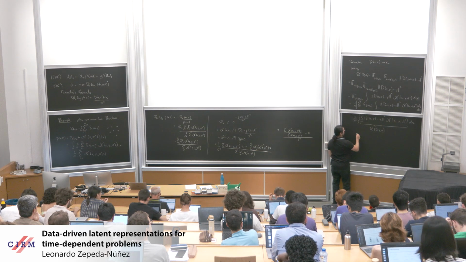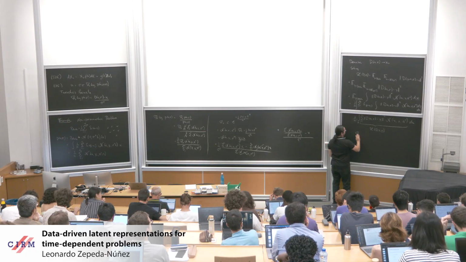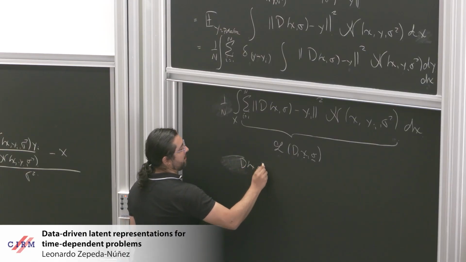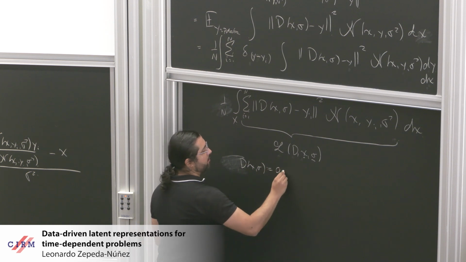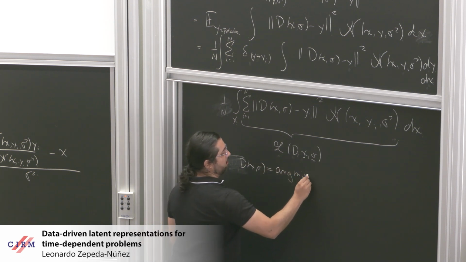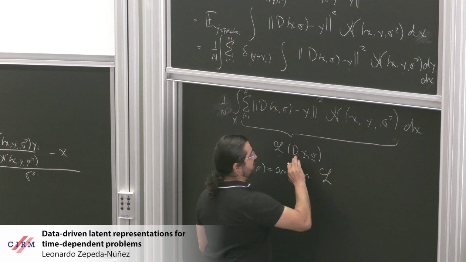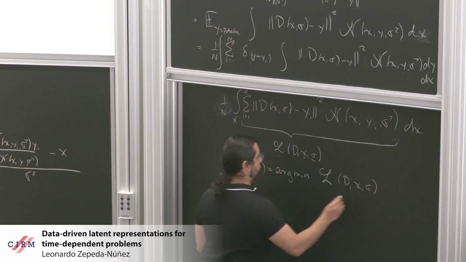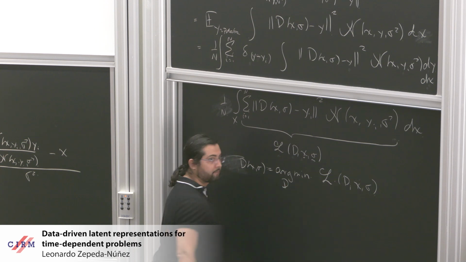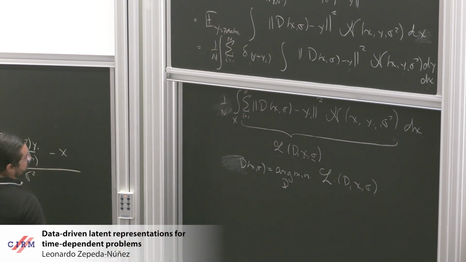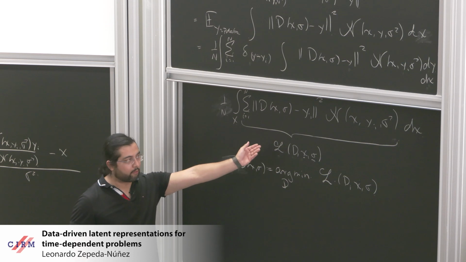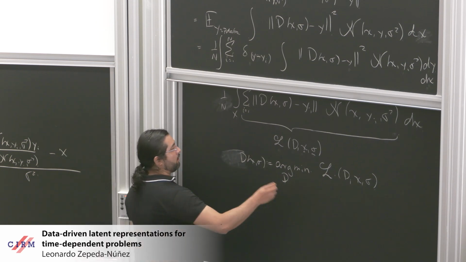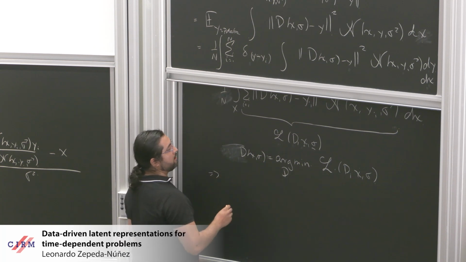So what you want to do is compute D of x comma sigma, which is going to be, by definition, the argmin over D of this new function. So the good thing is it looks very nice, very convex, so you can just go ahead and just do it. So let's do that quickly.